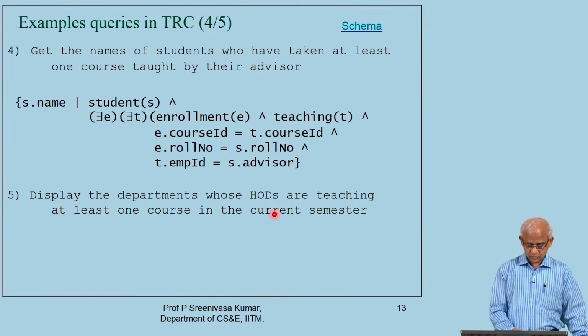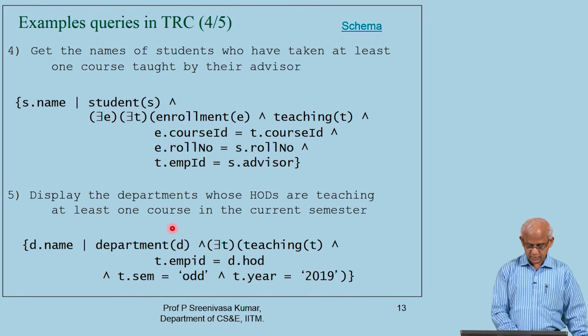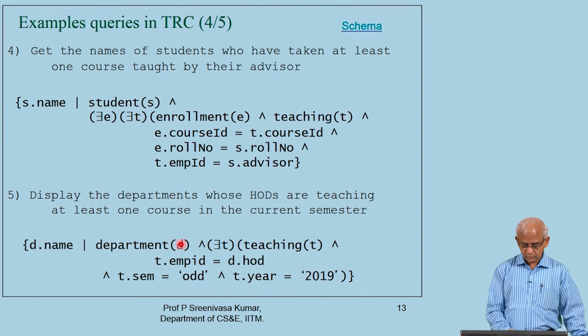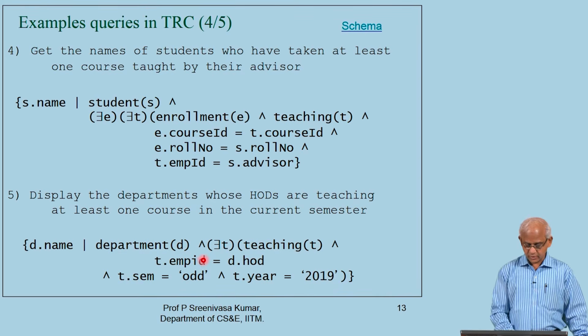Okay. So, here the free variable is department, and then we want to ensure that there is a teaching tuple, there exists T such that it is a teaching tuple, and then the employee ID mentioned in the teaching tuple should be the HOD.